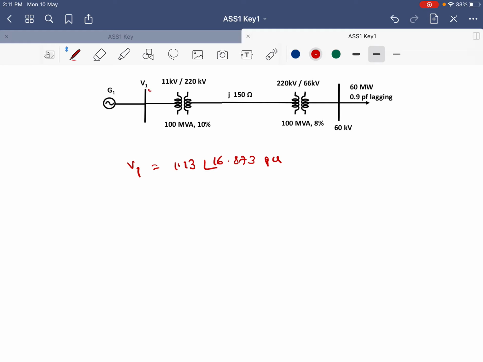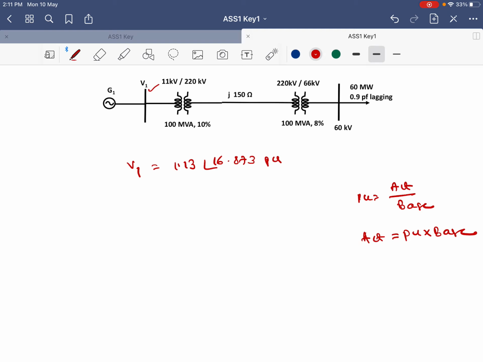That is the voltage at this point, in per unit. We know the per unit value is actual divided by base. Then if you want the actual value, how do you find it? It is the per unit value times the base value.